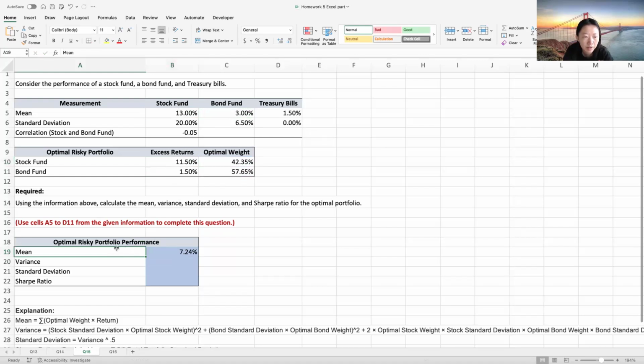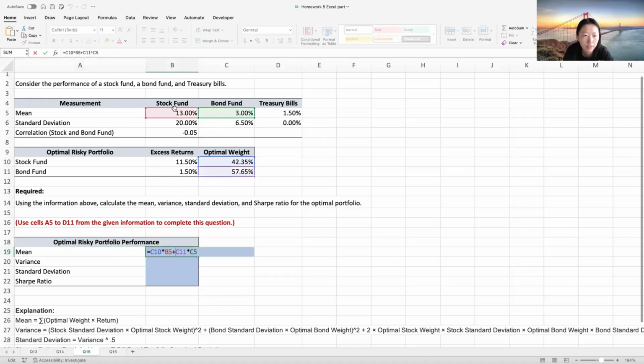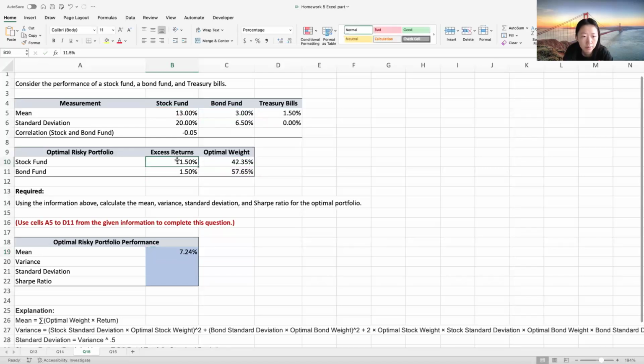You're not asked to calculate the excess return of the optimal risky portfolio. You're asked to calculate the average return. So that's why we're still using the return of stock fund, return of bond fund. Now this 11.5% is exactly 13% minus 1.5% equals 11.5. 3% minus 1.5 equals 1.5. So that's excess return. We are not using that number yet.